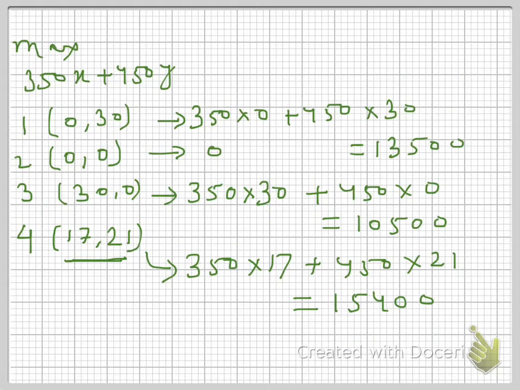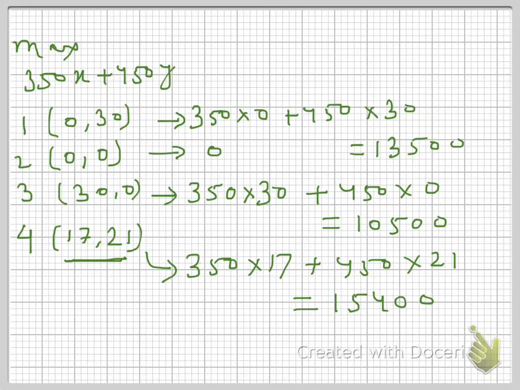If the profit on product A is 350 and the profit on product B is 450, then for all the 4 extreme points we have calculated the profit value and we are getting that as 13,500, 0, 10,500 and 15,400.